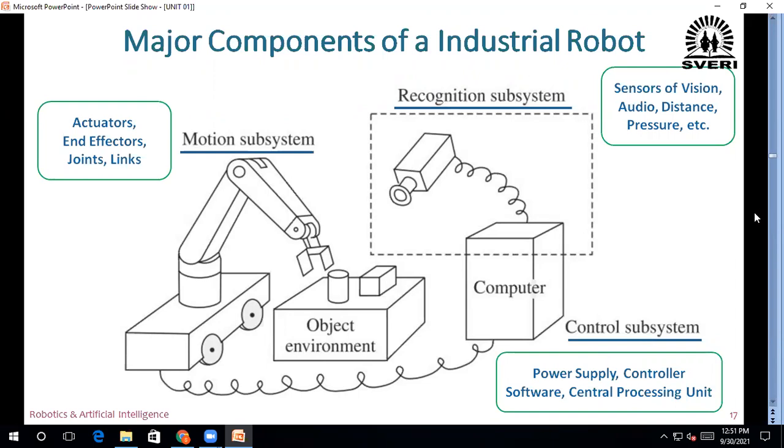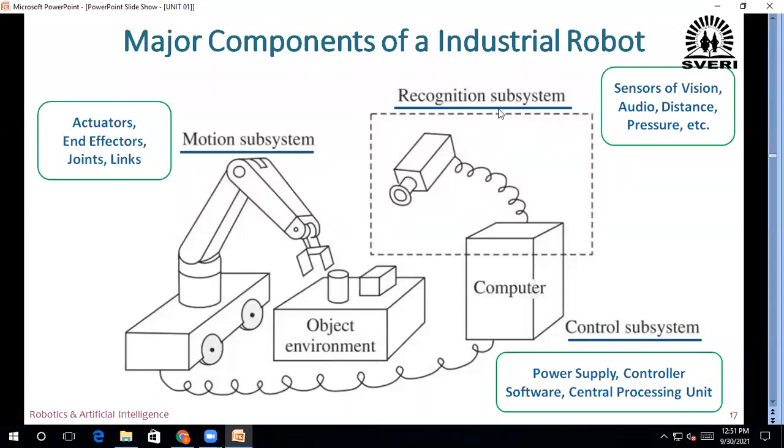In the diagram, it has been shown that different robot components are there. They are divided into three subsystems. First is the motion subsystem, in which actuators, end effectors, joints, links are there.